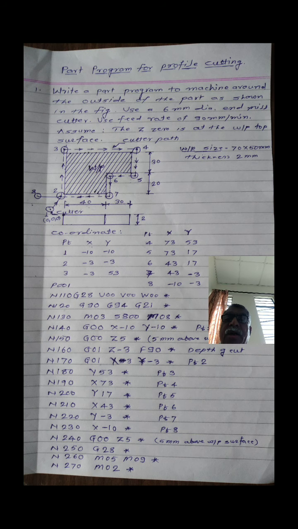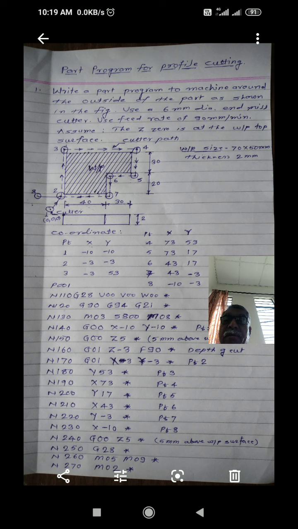You have to find out the coordinates of point 5 from the 0 point. Therefore, the cutter will move below by 3 millimeter, and distance between the 0 point and point 5 is 20. Is it okay? 20 minus 3. Therefore, y coordinate is 17.